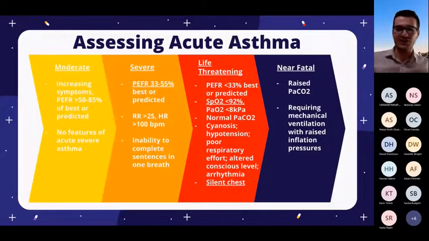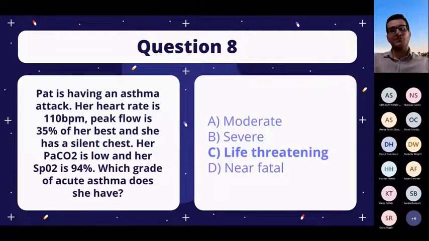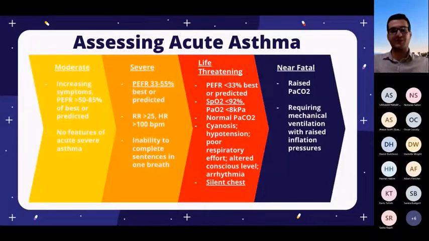Okay, essentially what's happening here is, if you've got any one feature of a more severe type of acute asthma attack, that asthma attack is classed as the more severe type.